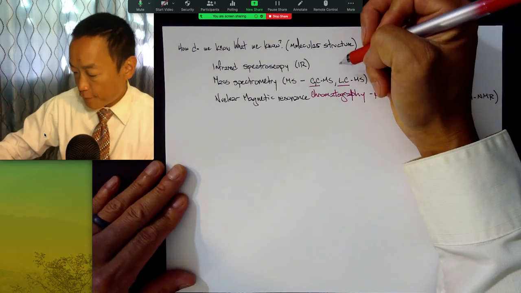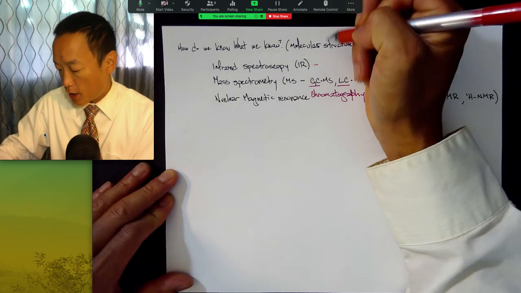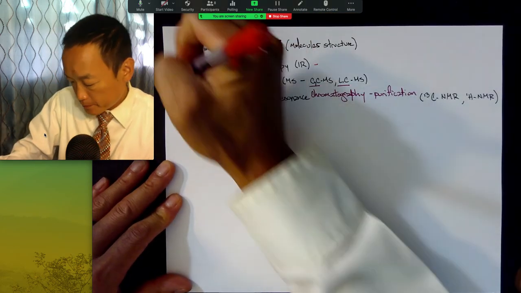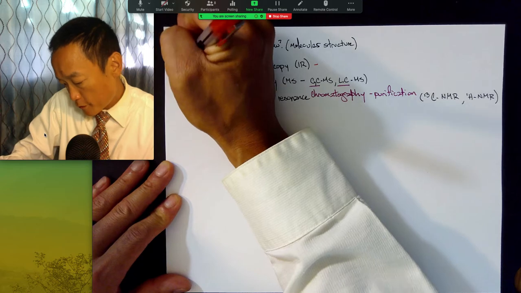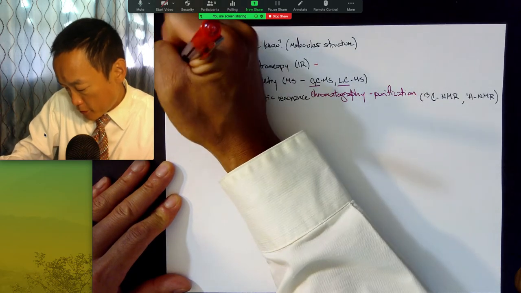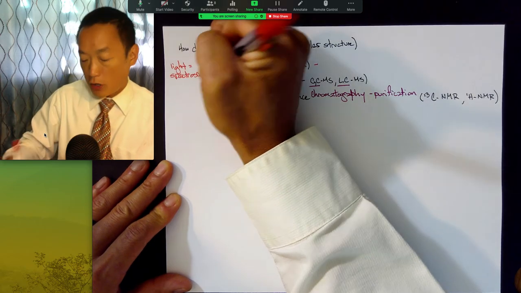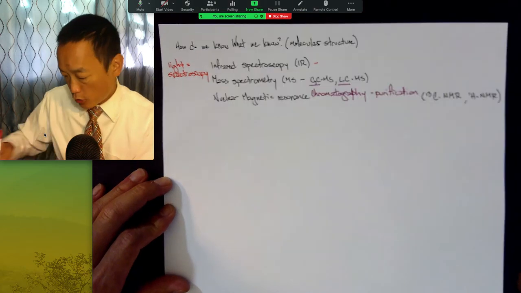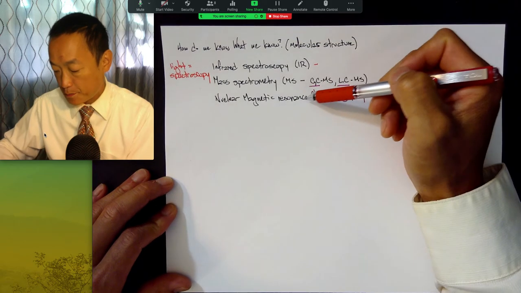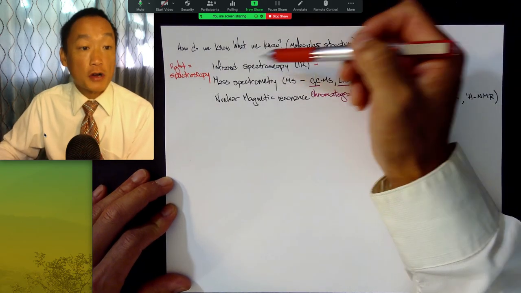Infrared spectroscopy, and because it deals with light, it's called spectroscopy. And so nuclear magnetic resonance spectroscopy, infrared spectroscopy.